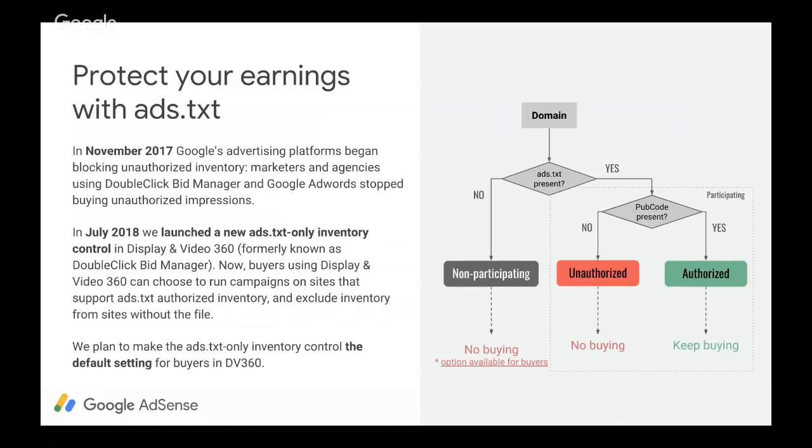So now on Display and Video 360, which is the new name for DoubleClick Bid Manager, buyers can choose to have this option. And as there is wider adoption of ads.txt by both advertisers and publishers, we plan to make this the default setting for buyers. So this will become even more relevant in the future.